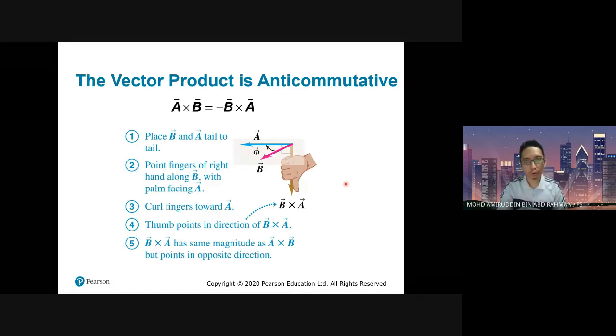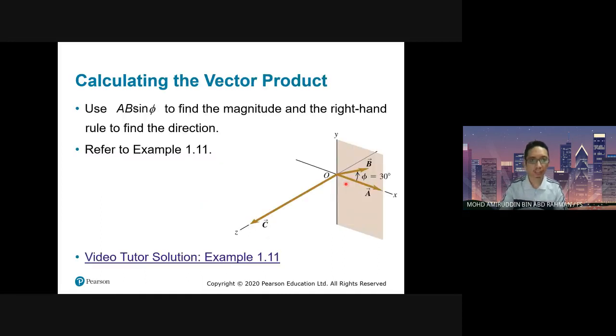All right, so we're going to the last one. The last slide for this chapter. I hope everyone can follow me up to now, right? Because after this, it will be a more difficult topic.